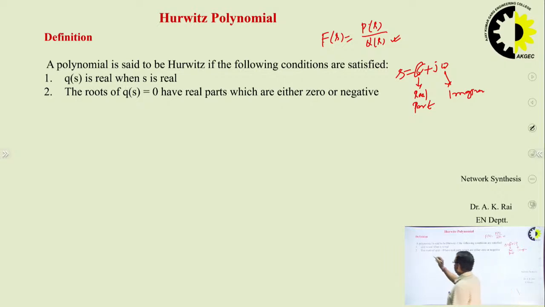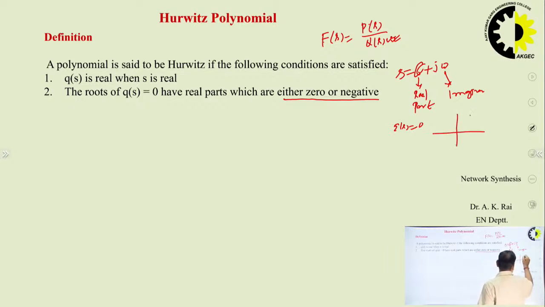Then, the roots of Q(s) equal to 0 have real parts which are either 0 or negative. What does it mean? If we equate Q(s) equal to 0, it becomes an equation whose roots are either 0 or negative, which means they should lie in the left half of the s plane. Suppose you draw the s plane.